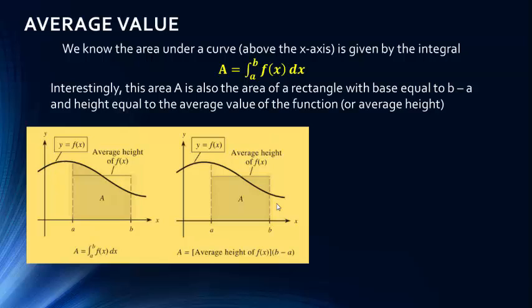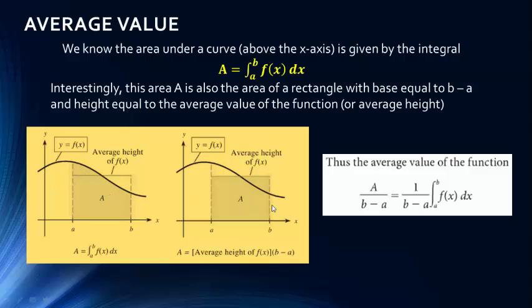Interestingly, this area is also the area of a rectangle with the base equal to b minus a, and the height equal to the average value of the function over that interval. Okay? The average value of the function, or the average height over that interval. So the width times the average height actually gives us the same area, as you can see under here. So the area of A is equal to the area of A.